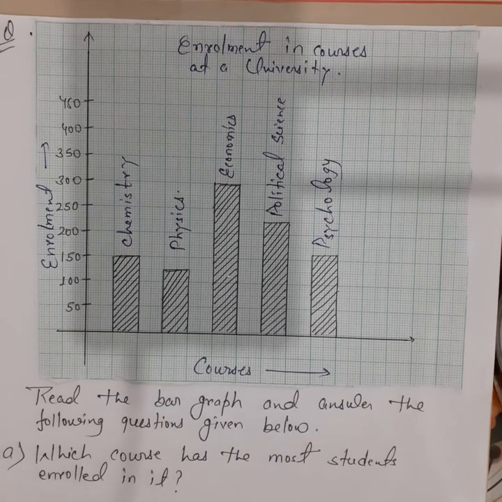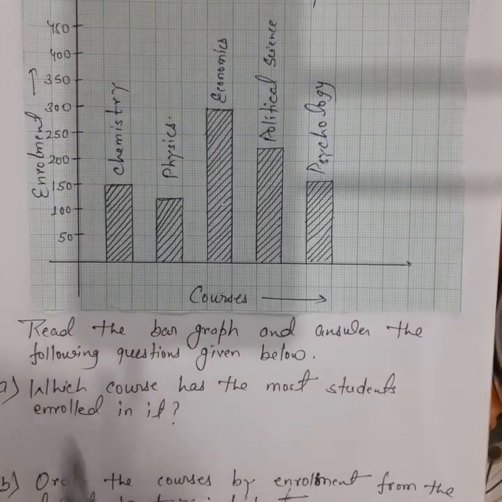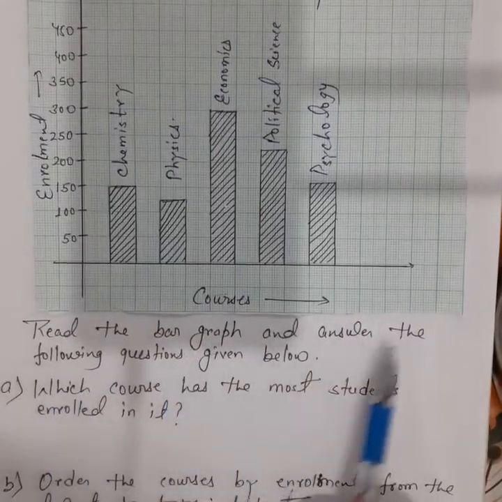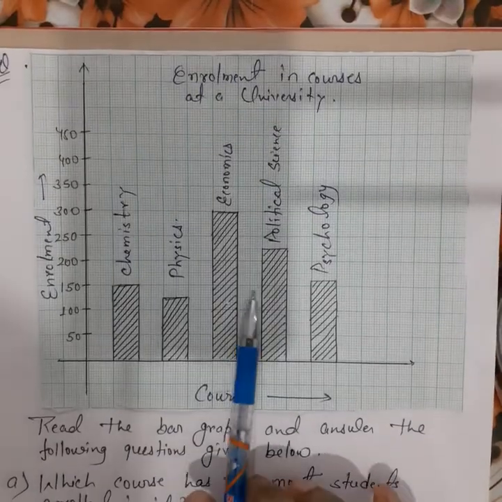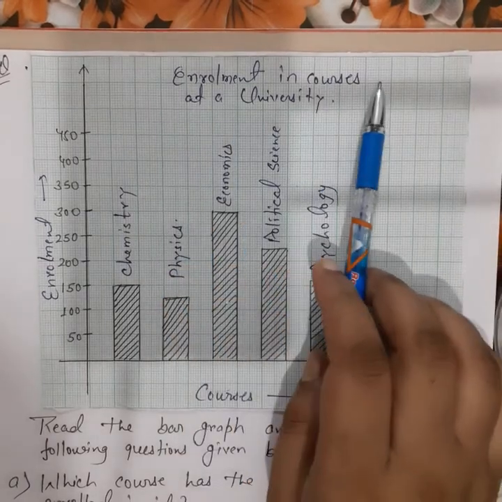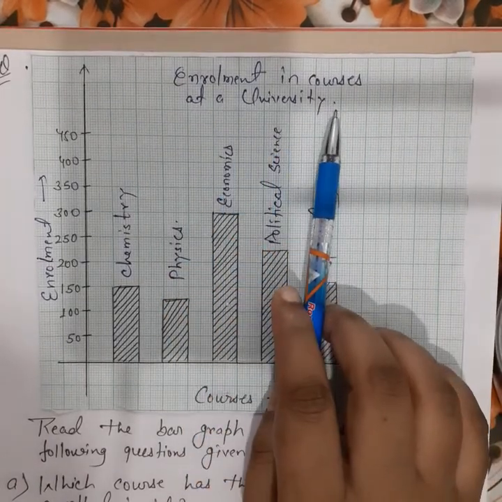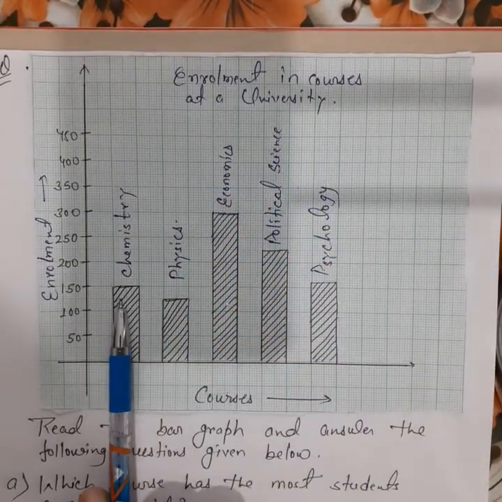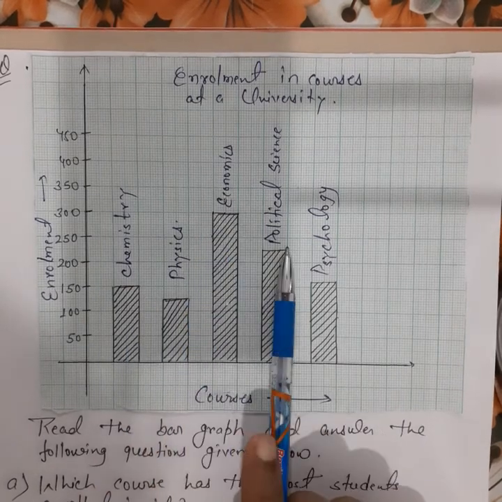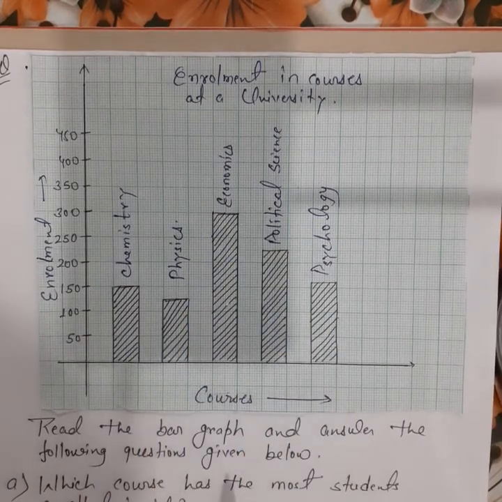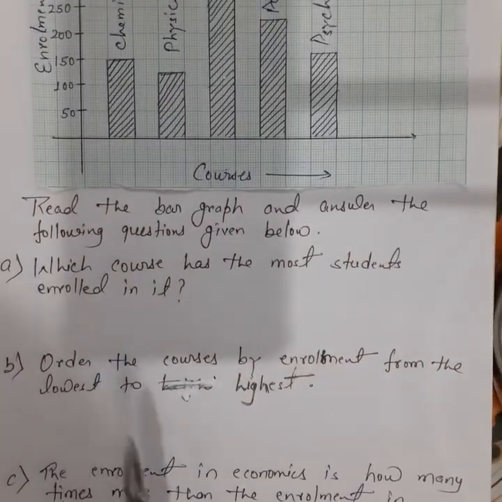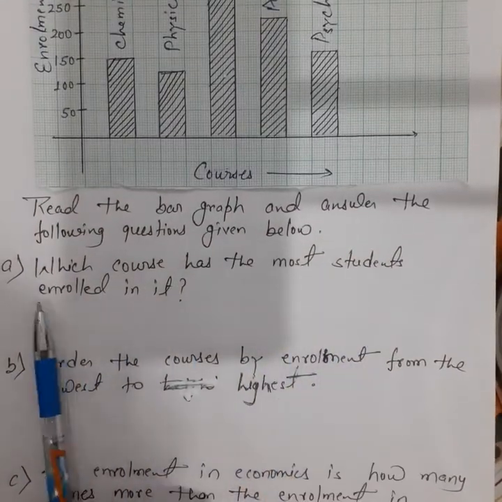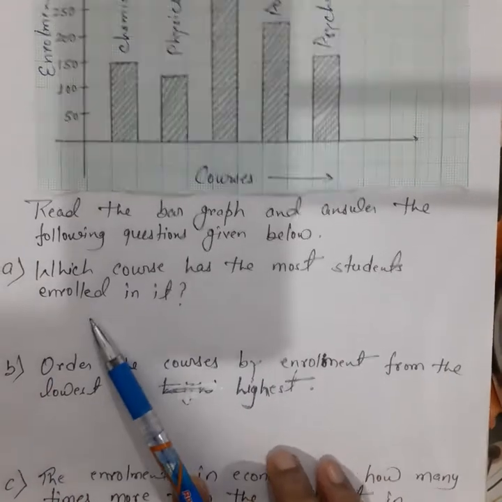Now we see the next question. Again the bar graph is given and the question is, read the bar graph and answer the following questions given below. This bar graph represents enrollment in different courses at a university. It means enrollment in the chemistry course, physics course, economics, political science and psychology. Which course has the most students enrolled in it?